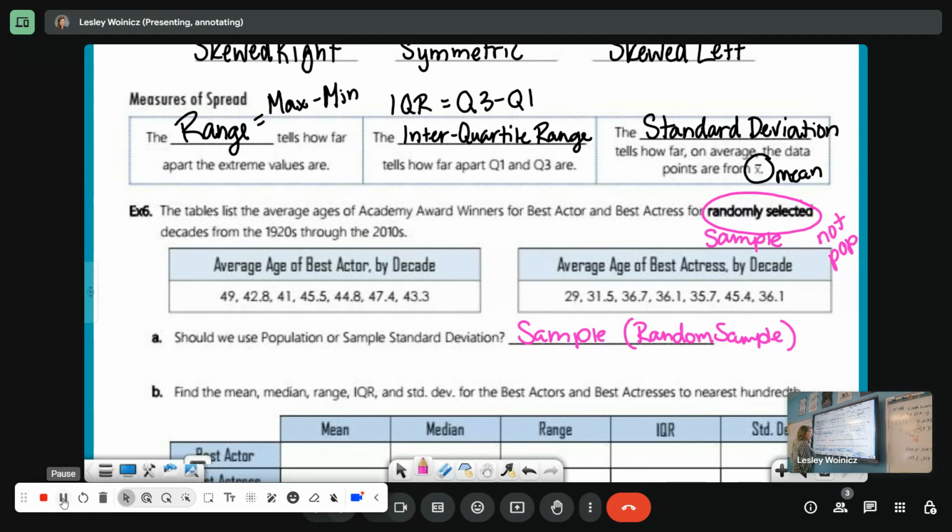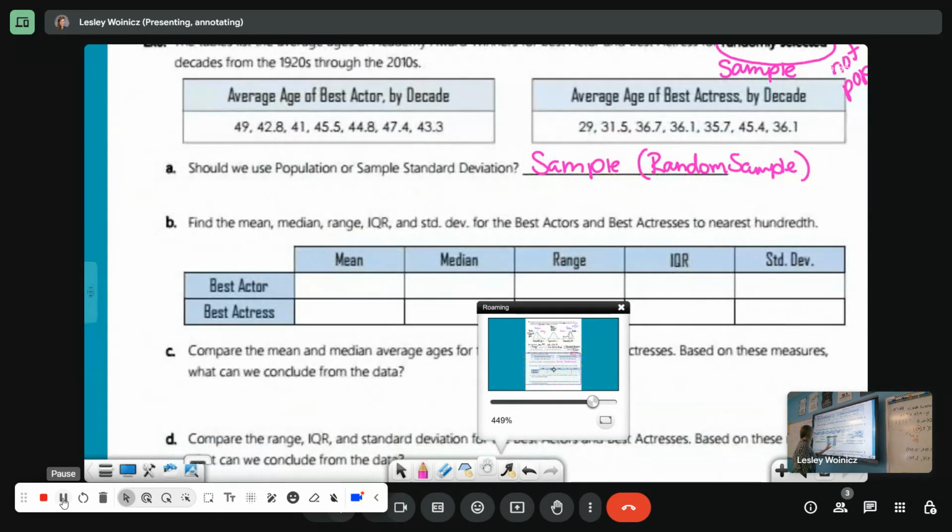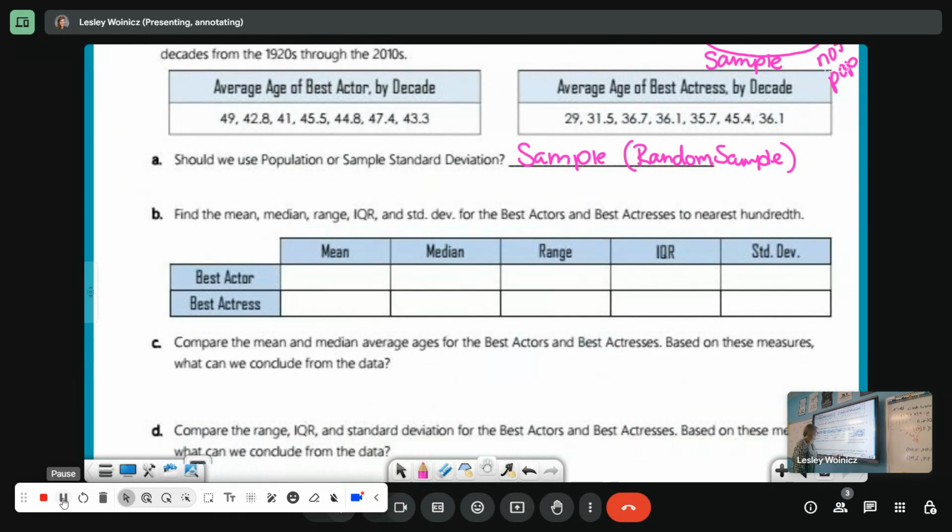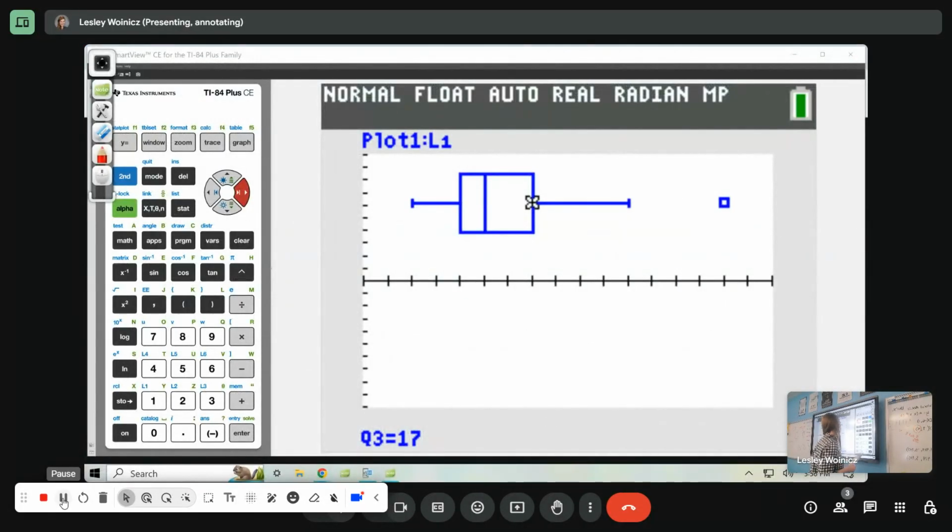Okay, now we are going to find the mean, median, range, IQR, and standard deviation for the best actors and the best actresses' ages to the nearest hundredth. All right, we can do it, it's fine. I do need my paper though. Okay, so I'm going to my calculator.